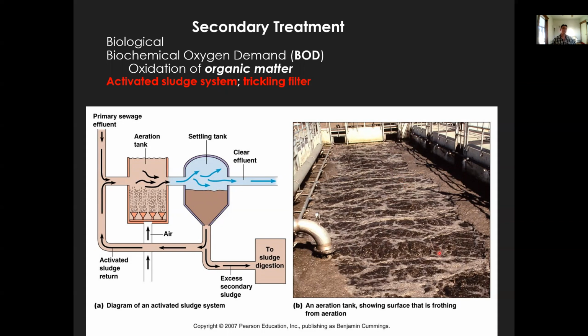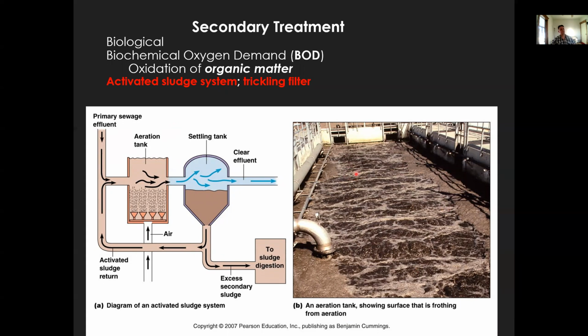So water will enter this aerobic tank, and through the aeration, we're able to stimulate aerobic organisms to metabolize the carbon that is in the water and convert it into CO2 and microbial biomass. So that is how these aeration tanks will actually function.